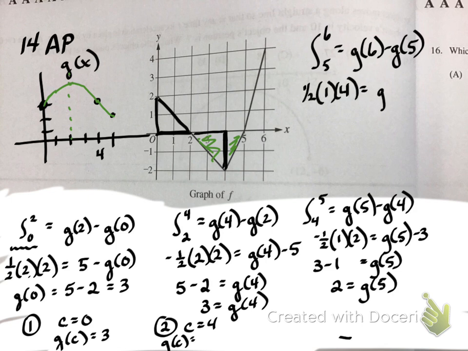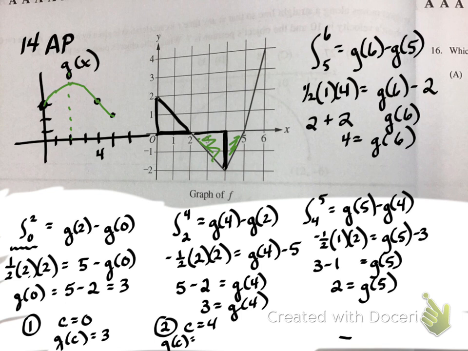G of 6 I don't know, but we just found g of 5 to be 2. So if you add 2 to the other side, you get 2 plus 2, which is 4. G of 6 is 4. So at 6, we're at 4. That's positive, so that means our function's increasing.